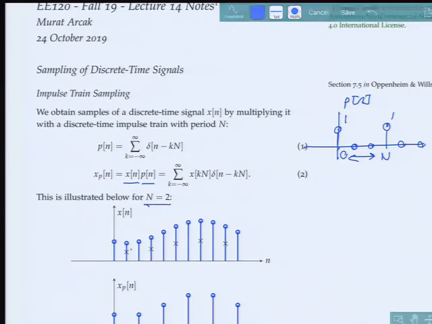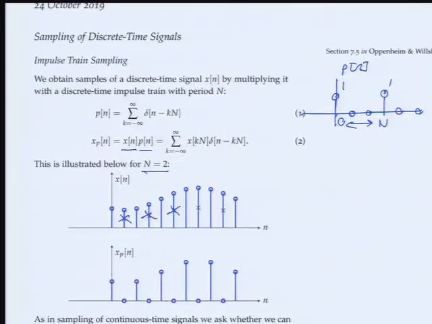These values will be eliminated, and the way it happens is you multiply with this impulse train, which only is nonzero at even n's. It's 0 at odd valued n's. So when you multiply, the odd valued n's drop out. They become 0. Okay? Any questions?